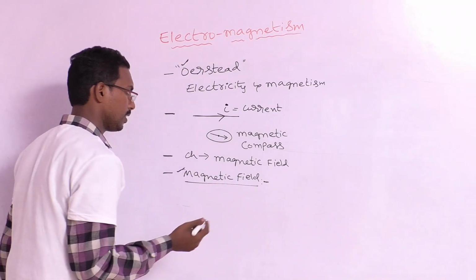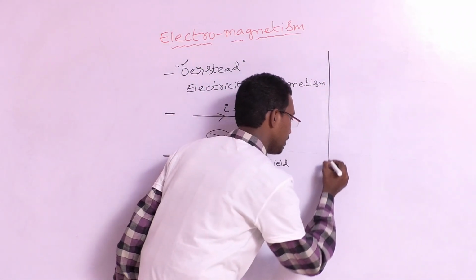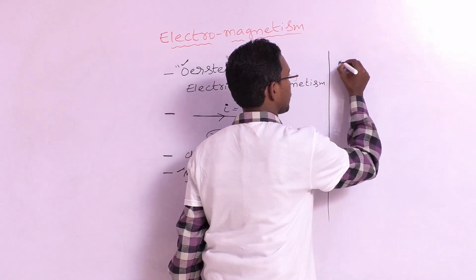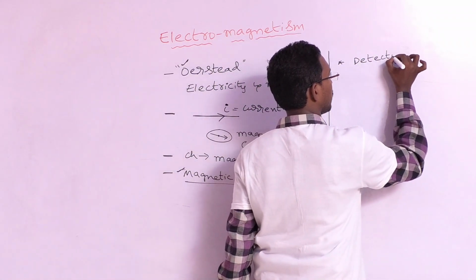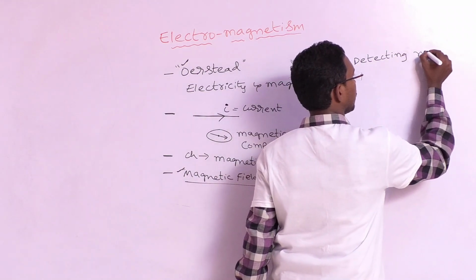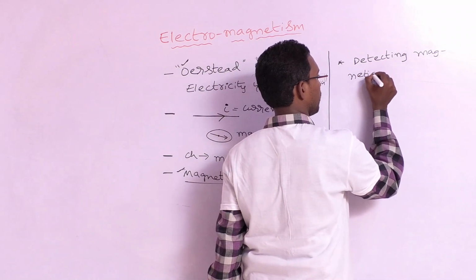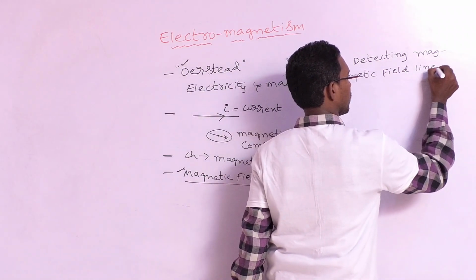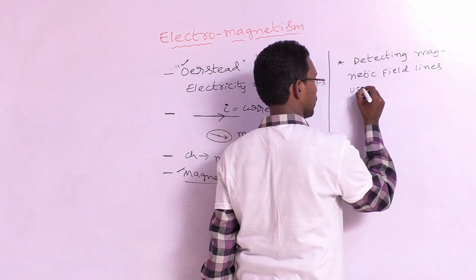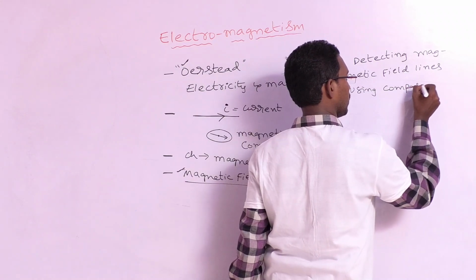Next we will deal with how to detect magnetic fields: detecting magnetic field lines using a compass.